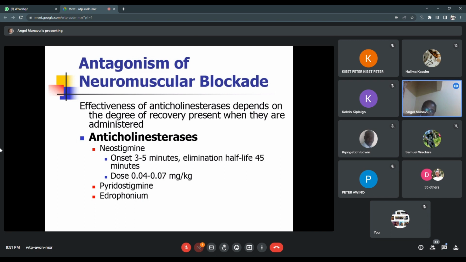So we give at a dose of 0.04 to 0.07. Normally it comes in a vial of 2.5 milligrams. So normally in adults we give at least 2.5 milligrams. Another drug you can use is pyridostigmine or edrophonium. So these are anticholinesterases.